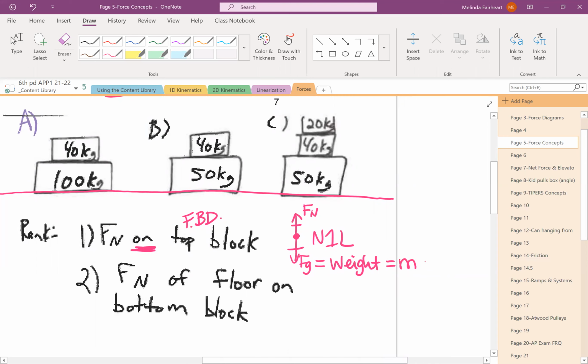So it's mass times that acceleration due to gravity on the Earth, on the moon. We'll assume we're on the Earth today. And so gravity, 9.8, 10, either one. But notice who has more mass. A is equal to B greater than C. It's solely based on the mass of the top block, okay?